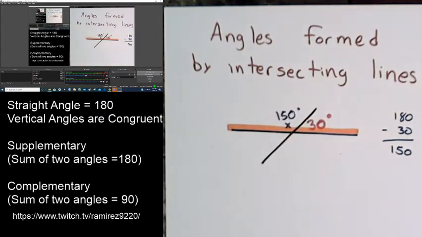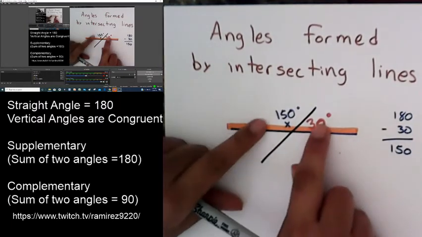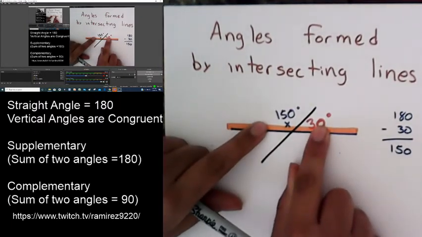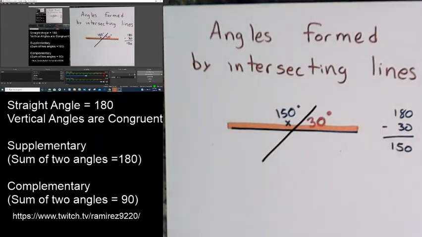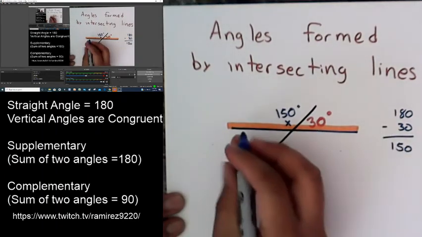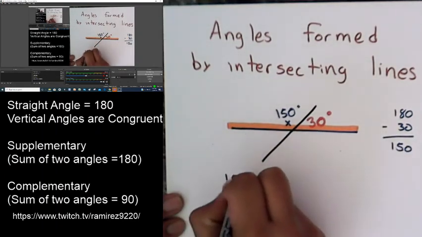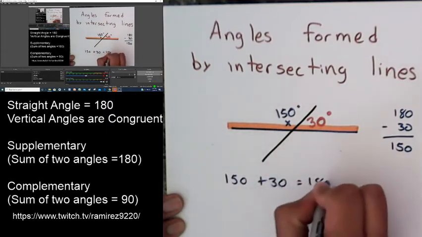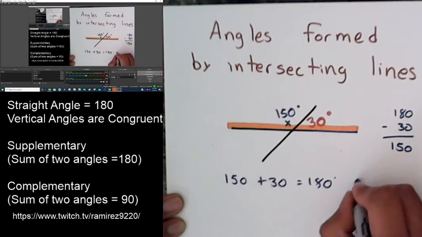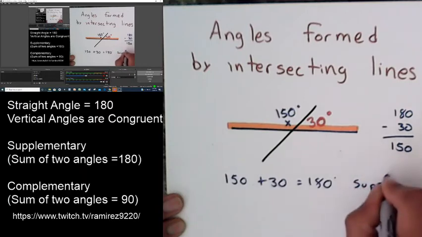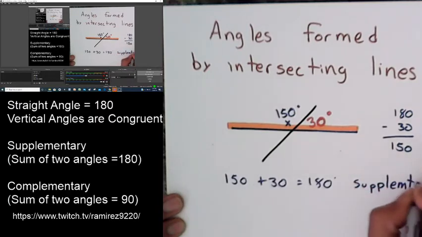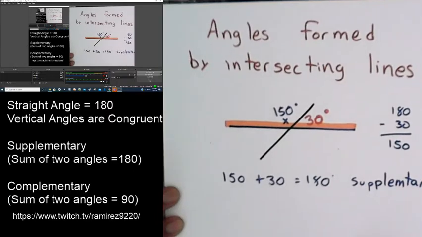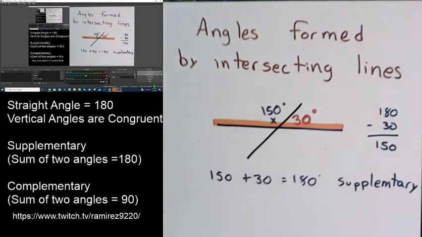So I automatically know that this angle right here has to be 150 degrees. Anytime you have two angles that add up to 180, that is called supplementary. This is what we call supplementary angles: two angles that add up to 180.